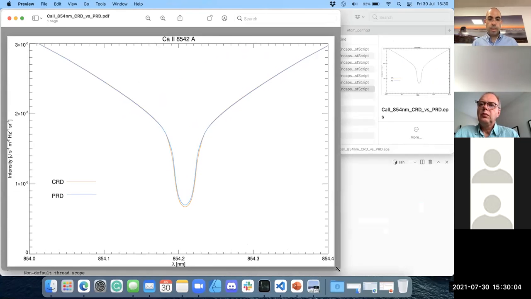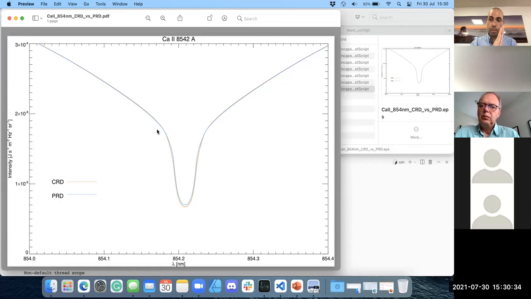Okay, so in this case, we have run at the beginning of the class the problem in CRD. So we solved the non-LT problem, but in CRD for all the transitions. And this is the blue line, okay? And then we added, sorry, this is the orange line. And then we added in the atom PRD for the calcium 8542 transition, and then we solve the non-LT plus PRD problem, okay?